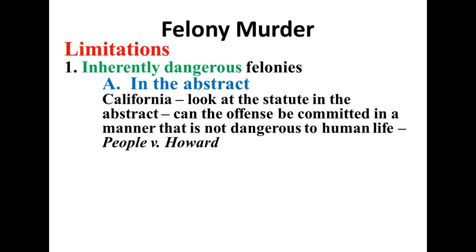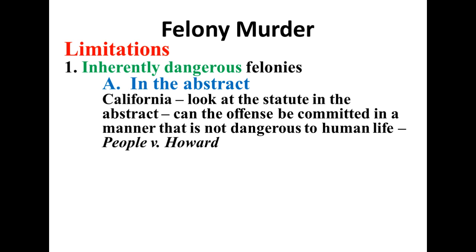The first is how California does it, and other jurisdictions, is to look at the felony statute, the statute that is the underlying predicate for felony murder, and look at that statute in the abstract. That is to say, can the offense be committed in a manner that is not dangerous to human life?